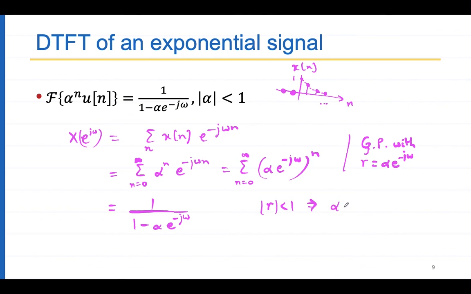Which means alpha e to the power minus j omega mod should be less than 1. This can be written as alpha mod is less than 1, because e to the power minus j omega mod is 1. This is just an angle on a unit circle, so the magnitude is always 1 for e to the power minus j omega. Okay, so hence we proved this.